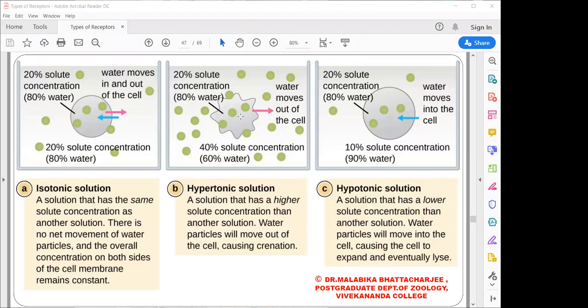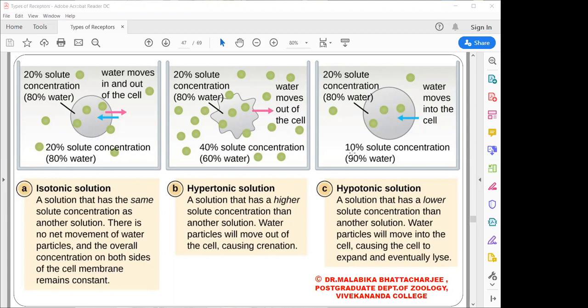So this is a hypertonic solution. You should remember the term is relative. When we think of tonicity, the term is relative. It is the concentration of the surrounding relative to the concentration present within the cytoplasm. So that's a relative term.